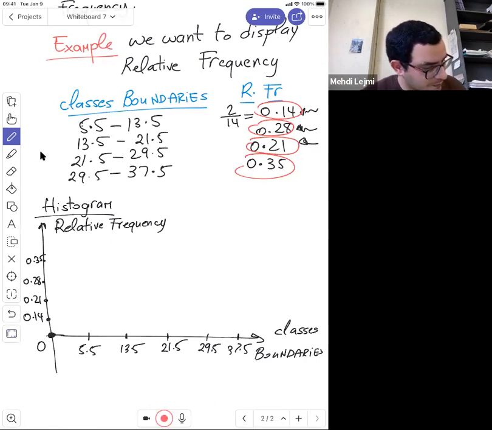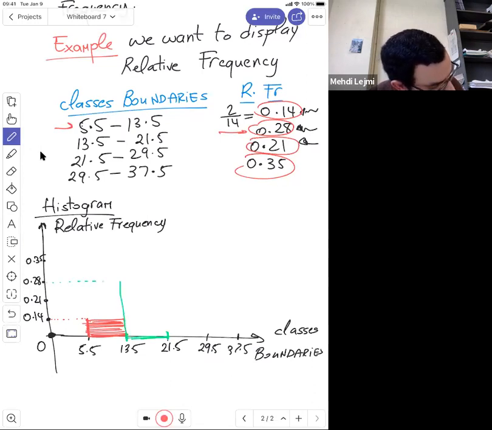For the first class, the relative frequency is 0.14, so we go up to 0.14. The next class, my second class from 13.5 to 21.5, is 0.28, so we need to go up to 0.28.